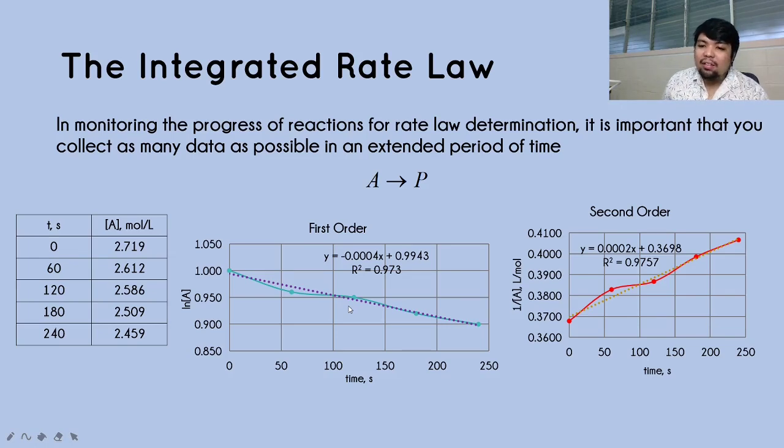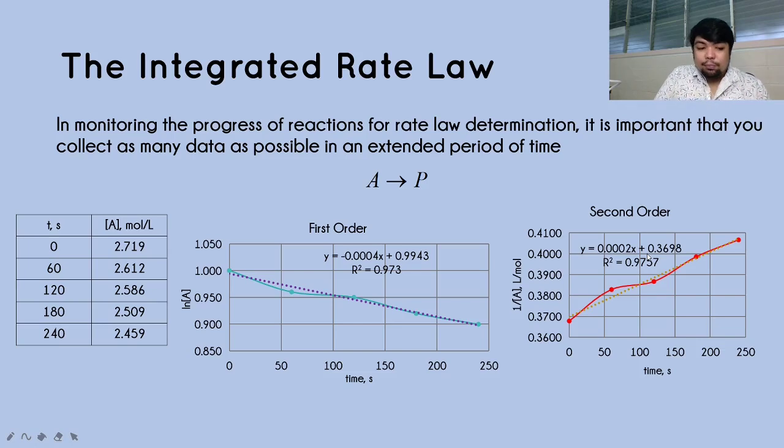So although they are really close, you can't tell if it's a first order or a second order because their linearity is really the same. But since they have a very, very small difference, you will say that this is a second order reaction.